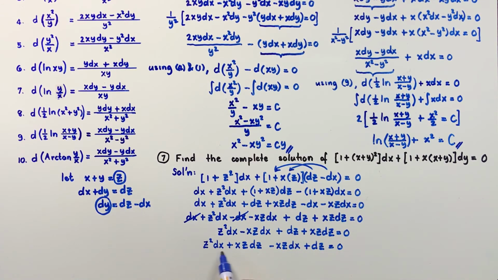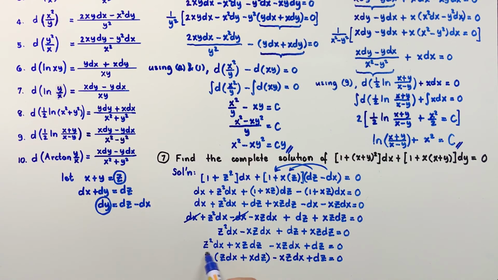Now factoring the common factor in these two terms, we have z times z dx plus x dz, and this will be subtracted by x z dx plus dz.